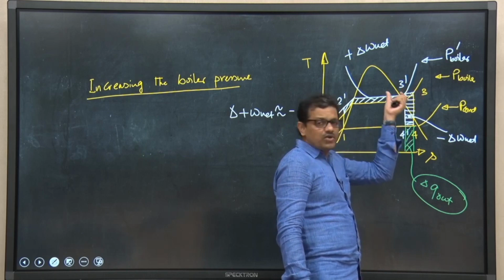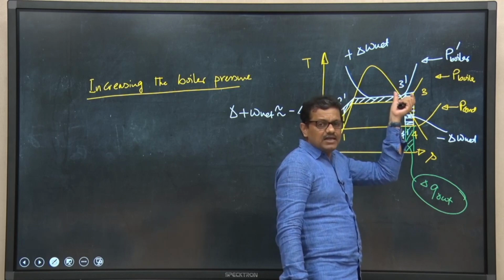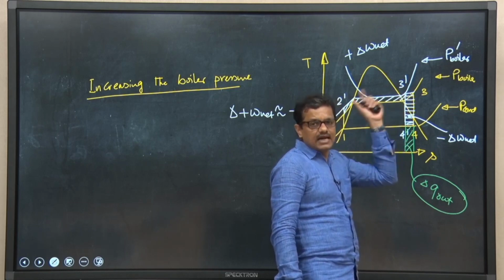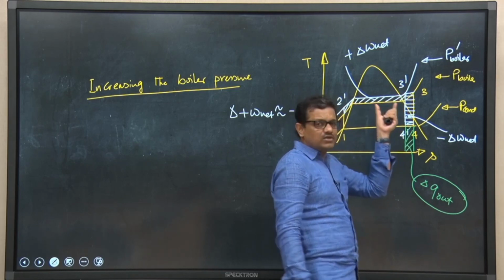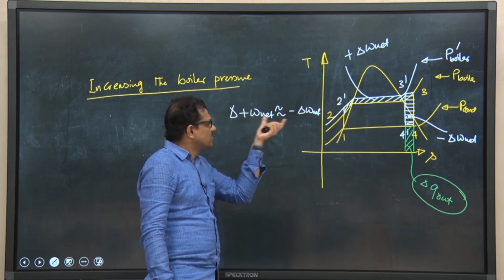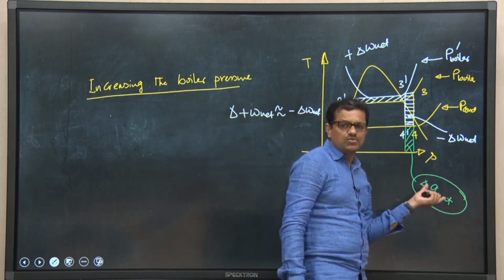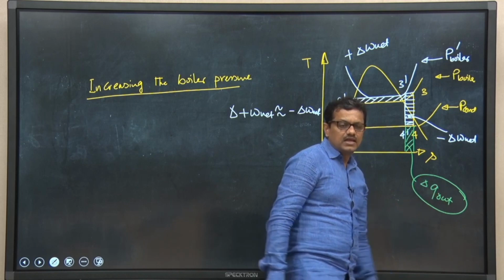We are not going to compromise the mean temperature at which heat is added. We are also not going to get additional W net, because these two will cancel each other, but we can reduce Q out.